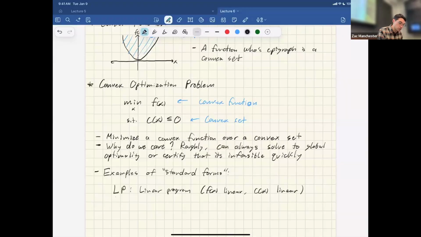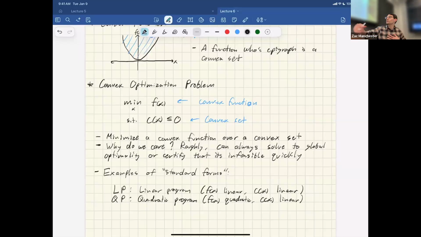The next one that shows up all the time in control land is QPs, which is short for quadratic program. This is where f of x is quadratic and c of x is still linear. There's a hierarchy of these, by the way, right? So every LP is a QP, just because, yeah.